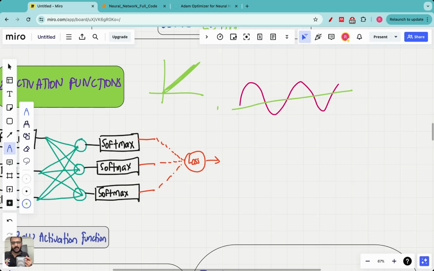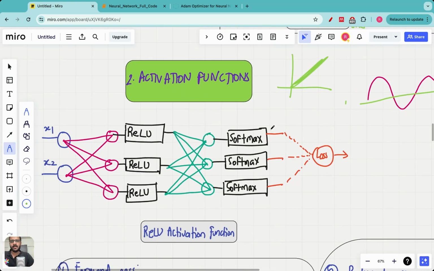In our case, for example, we need to classify the points into red, green, or blue, right? And the underlying function which helps us do that might not be very simple. So just having a linear line or a straight line will not help at all. We need activation functions to make the neural network more expressive, so that it can do a good job at this classification task.